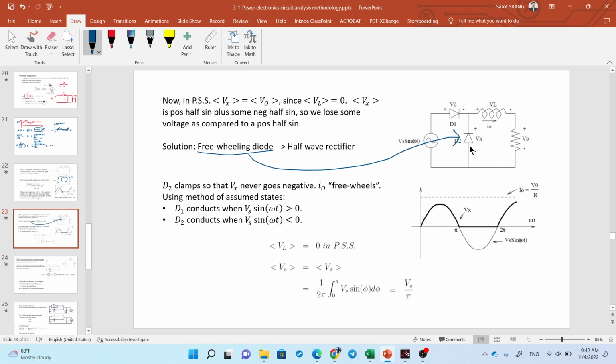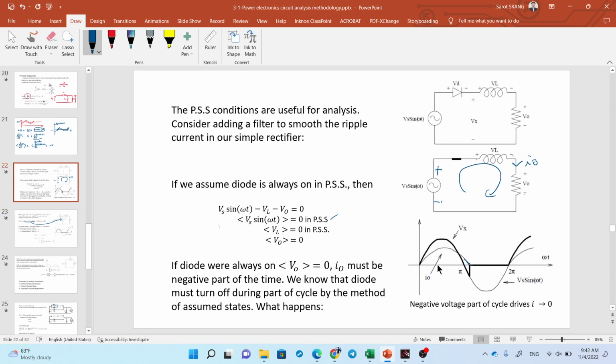So why do we want to use this one? It is because if we only have one diode, the energy stored in the inductor will be released when the source becomes negative. It still sucks the current.